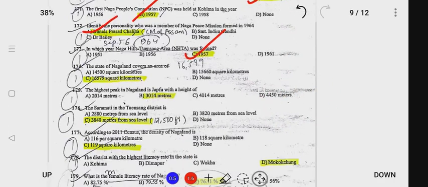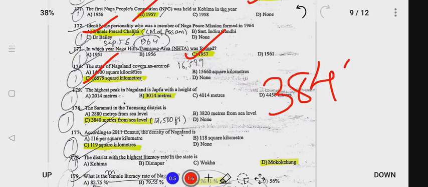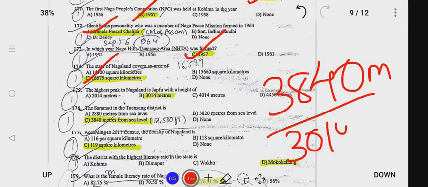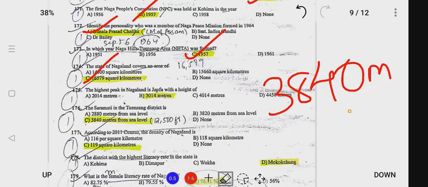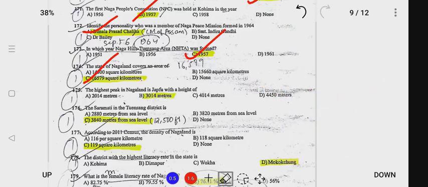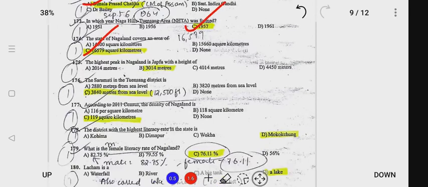Next, the highest peak in Nagaland is Mount Saramati with 3,840 meters, and the second highest peak is Japfu with 3,014 meters. Japfu is located in the Barail Hills, and Saramati is located in the Patkai range.